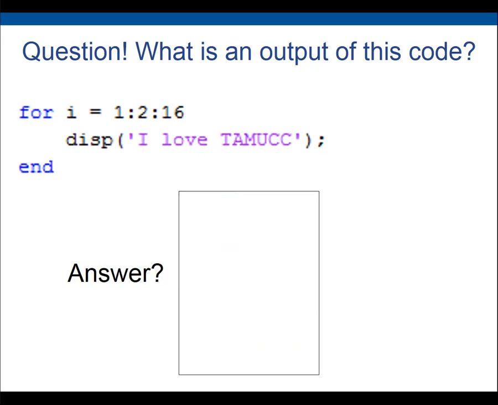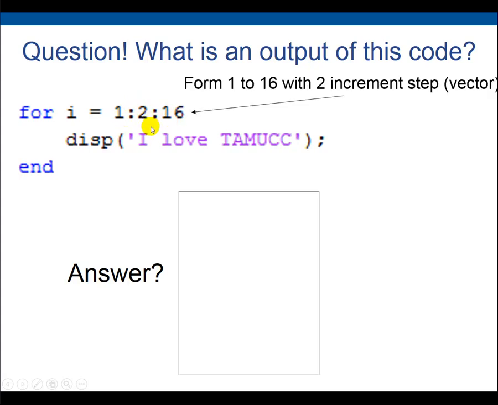Here's another example: i equals 1:2:16. So what is the meaning of this? This is from 1 to 16 with 2 increment. Here we have a middle value. This is the starting point and this is the ending point, as you probably noticed.